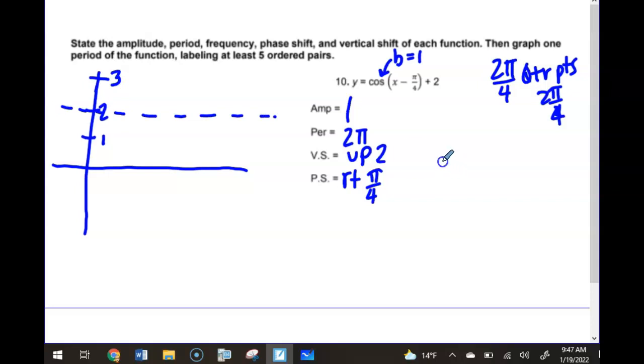Okay, the shape, if it's a cosine, is maximum to maximum. So it's going to shift right pi over 4. Now, if the quarter points are every 2 pi over 4, where's the next quarter point?